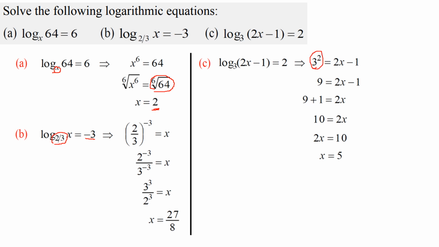Then simplify the equation. We need to get x, so keep the other terms on the other side. So negative 1 we have to move to the left side. So 9 plus 1 will be 10 and divided by 2, which gives 5. Okay, thank you, and we will discuss the other topics in the next part.